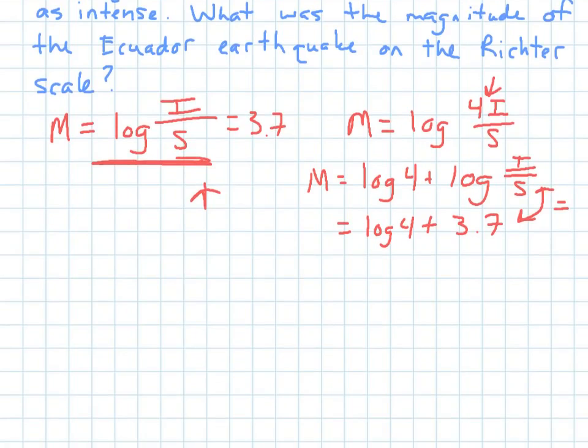Now I can plug in log of 4 in my calculator and add that to 3.7, and that gets me a value of 4.302, but for Richter scale values, they usually just round to the tenths place, so we'll go with 4.3 as our value. Okay.